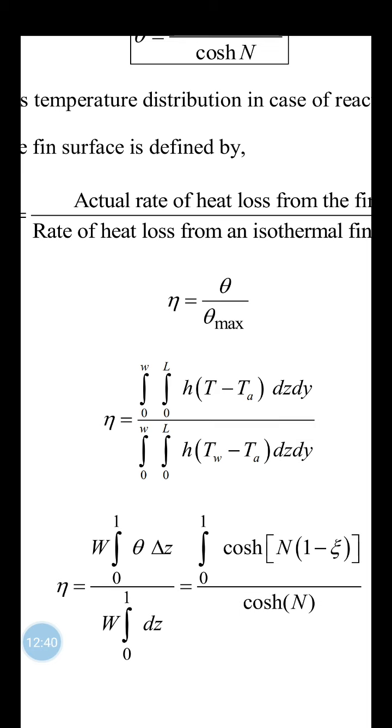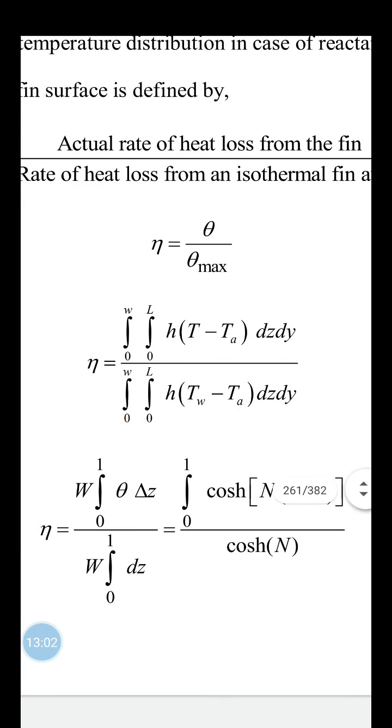So you can write again in terms of the double integration. Eta is equal to the integration from 0 to w, 0 to L of h into (T minus Ta) dz dy, upon the integration from 0 to w, 0 to L of h into (Tw minus Ta) dz dy.